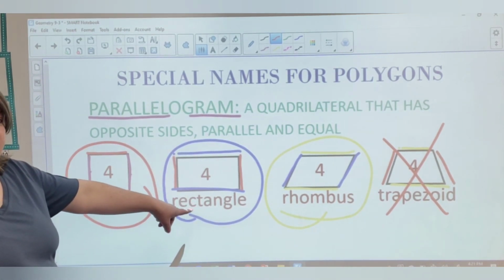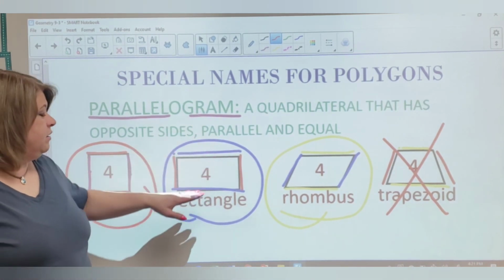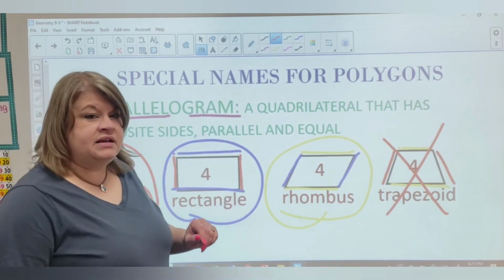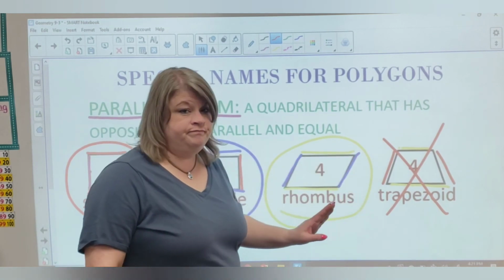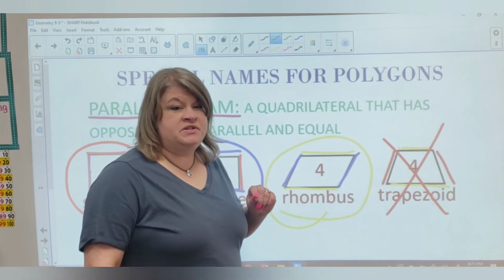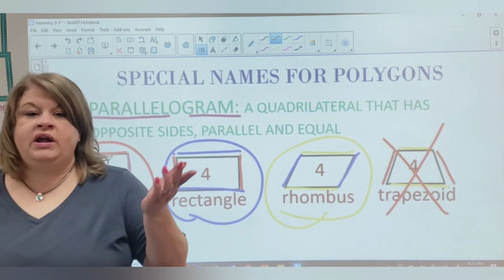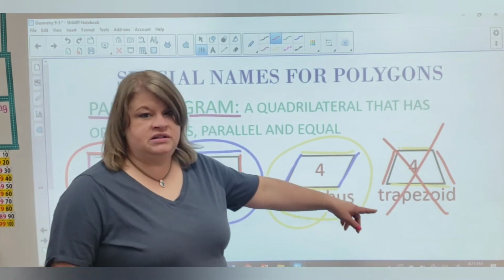Does a rectangle have opposite sides parallel and equal? Yes, parallel and equal. How about a rhombus? Parallel? Equal? Is a trapezoid a parallelogram? Is that our next question? Number 3, are trapezoids parallelograms? Well, we marked it out.